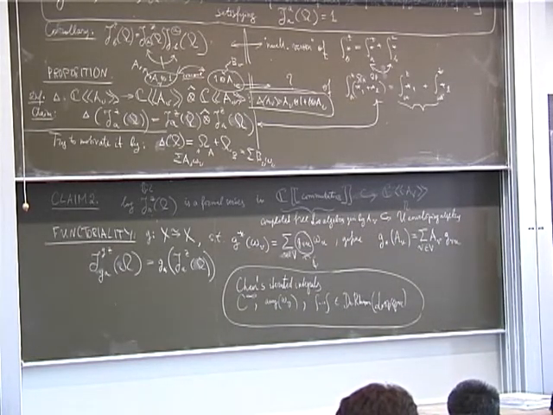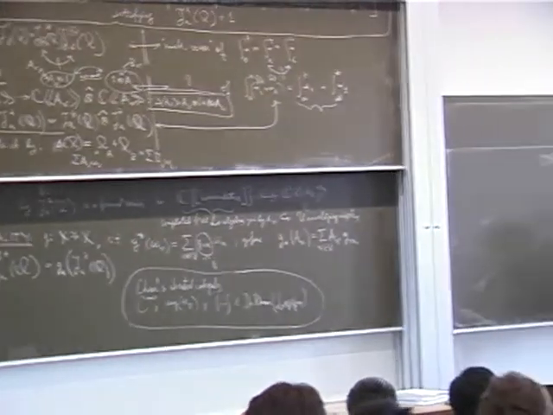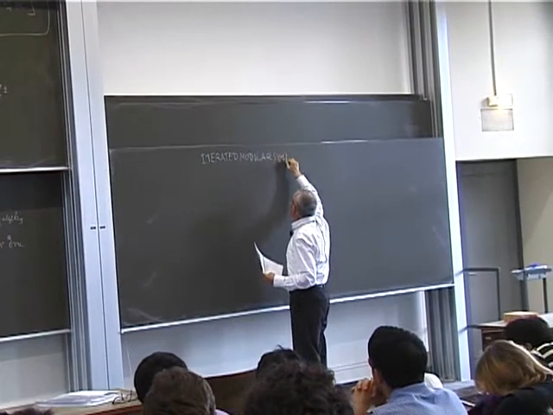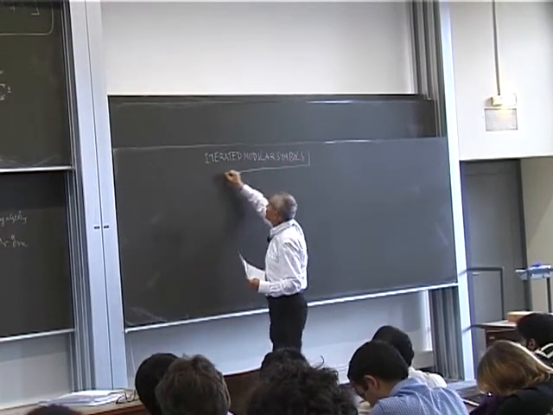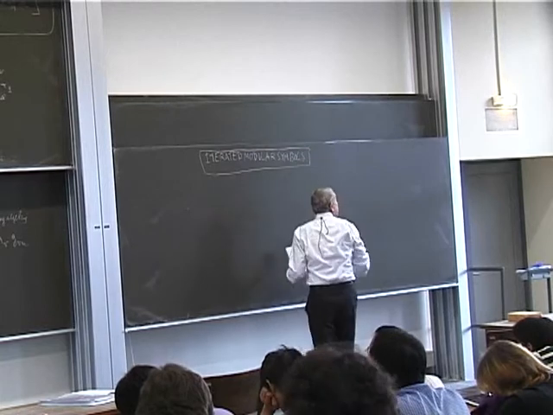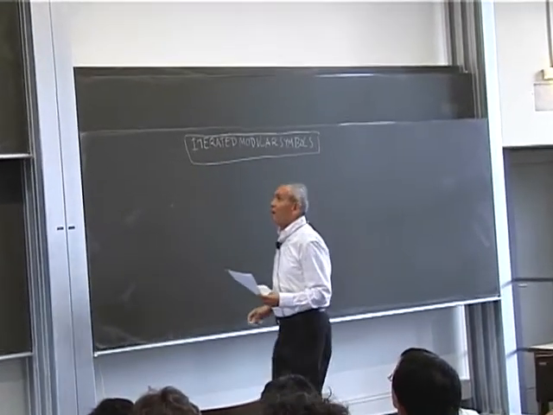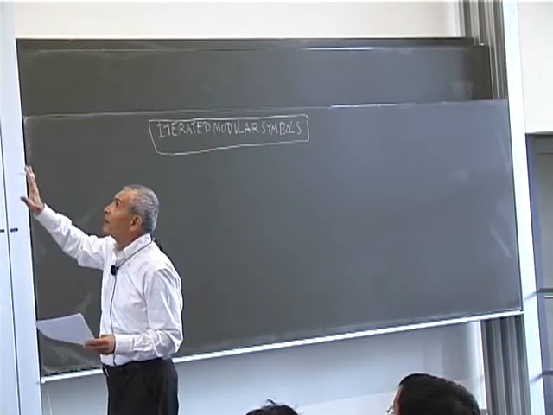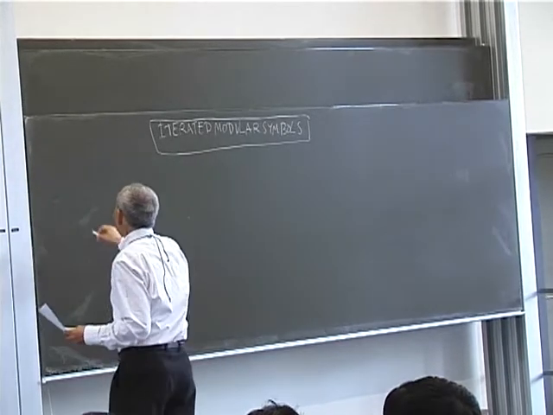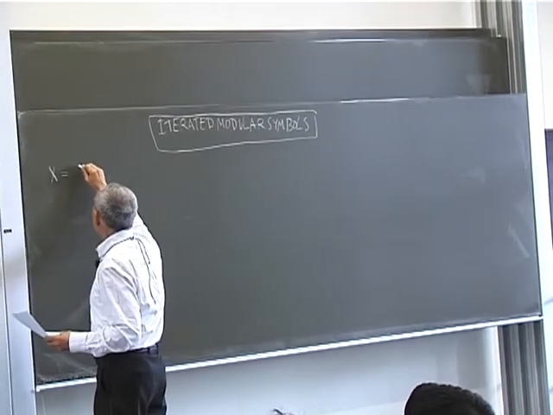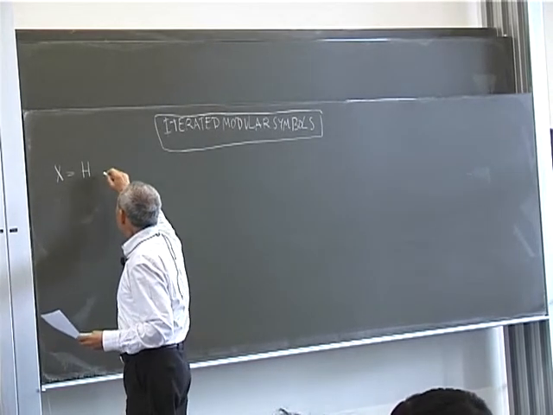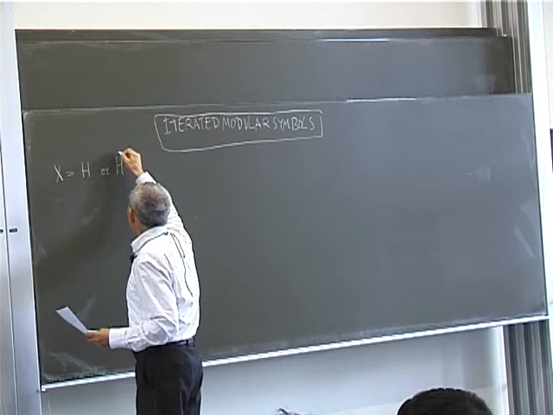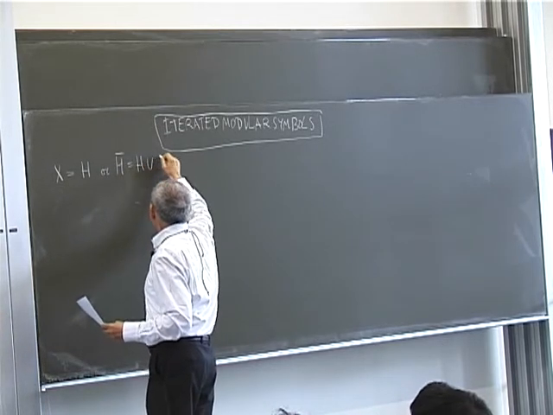Now, I come to iterated modular symbols finally. And the content of what I can do and explain to you consists essentially of an application of this general formalism to the case when X is H, so upper half plane, or H completed by cusps.